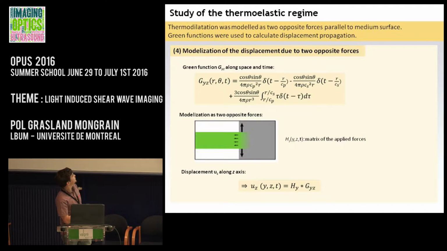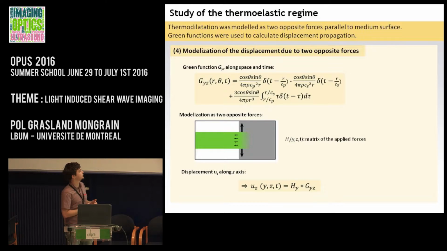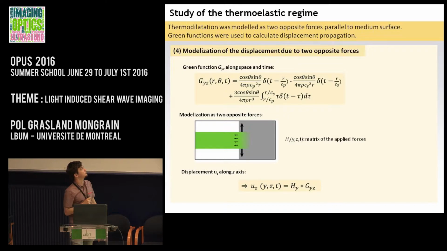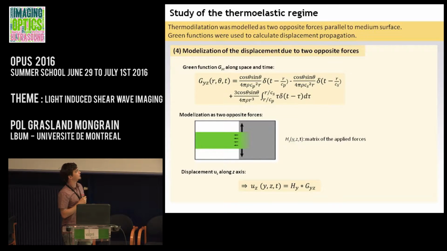And there is a big equation here, the Green function, some of you are familiar with it, which allows to calculate the displacement at one point, given a point force in the middle of the matrix. So simply the displacement along space and time is the convolution between the Green function, so the function above, and the matrix of the applied force.